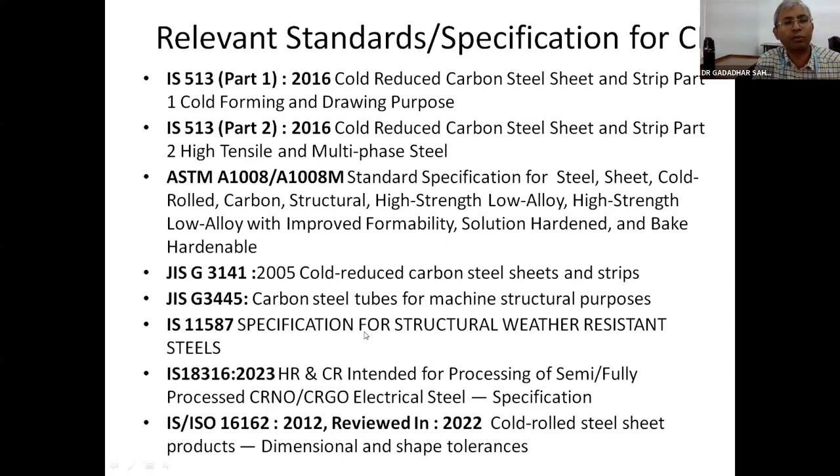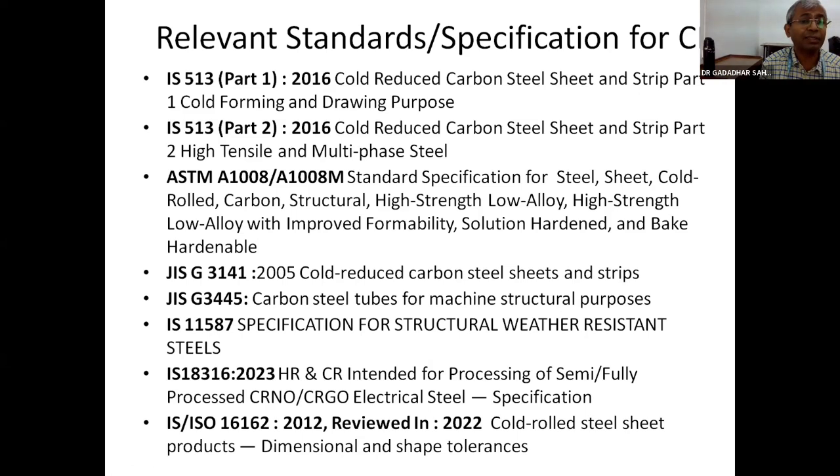Inquiries sometimes come related to the grades of G3141, and we can get the corresponding equivalent grade in IS 513 Part 1 or Part 2. And there are also grades for carbon steel tubes for machine structural purpose. This mostly corresponds to IS 513 Part 2.